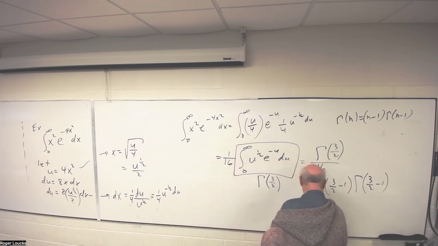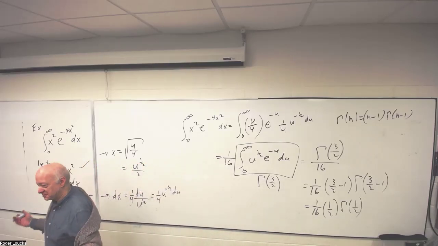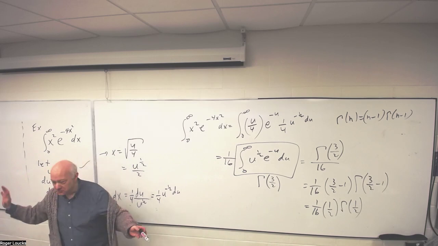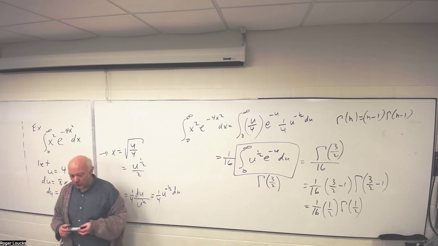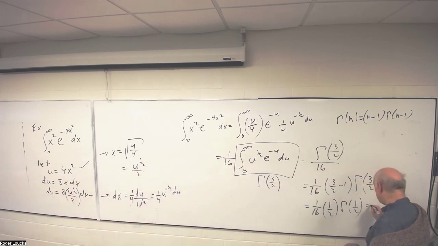So we have 1 over 16, we have a half here, there's gamma of a half. Have any of you ever calculated maybe recently gamma of a half? Maybe say in homework 2. The square root of pi. So what are you left with? We're left with 1 over 32 square root of pi.